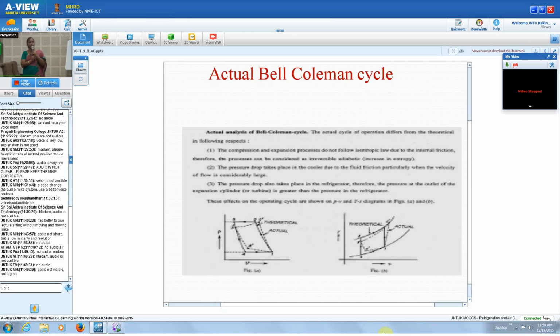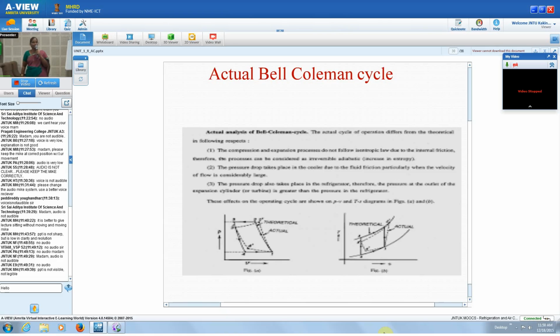During the process 2 3 heat rejection, it is not constant pressure heat rejection, but some pressure loss will always be there during the condensation process. So due to that, P3 will always be lower than P2.